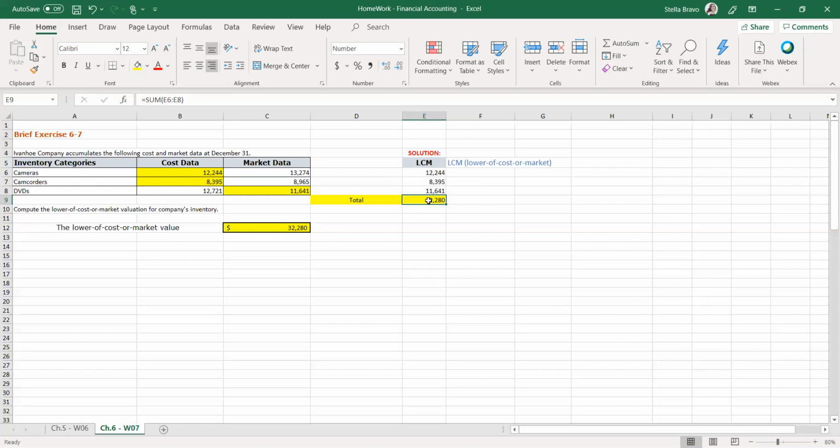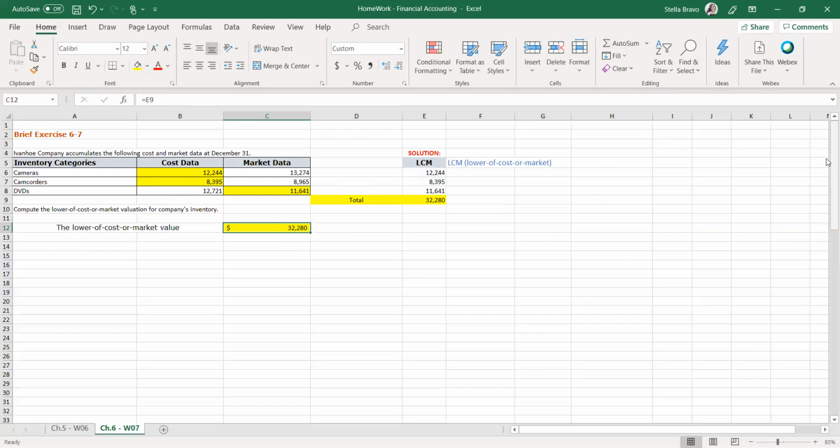And here we can auto sum. So our answer is the LCM for this company is that amount. It's very easy, it's not that complicated.